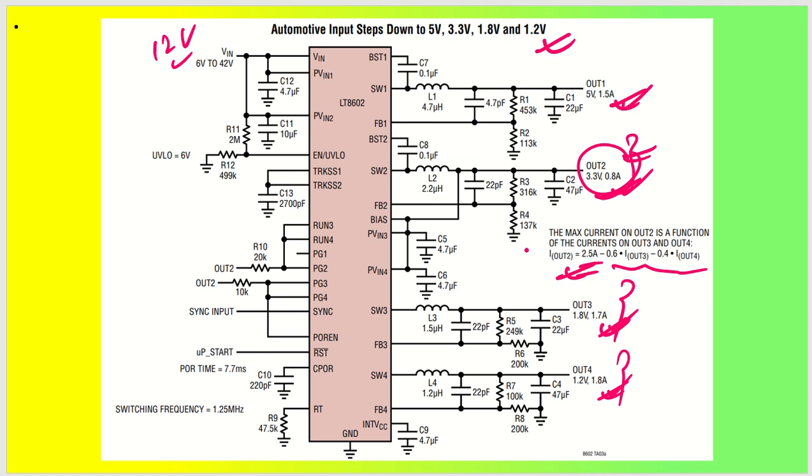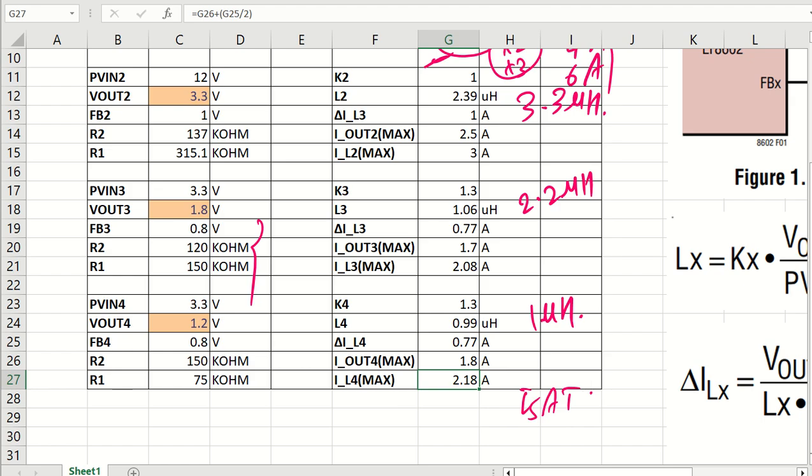Good. Based on this, for the output voltage setting, the same resistors can be utilized because the voltage is not changing. So for 5 volt, 453 kilo ohm and 113 kilo ohm is fine. Then 316 kilo ohm and 137 kilo ohm is fine. Then if you want, you can change these two values for use with our calculation. That was how much? Let me just show it.